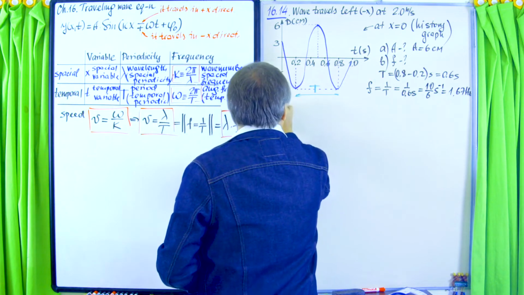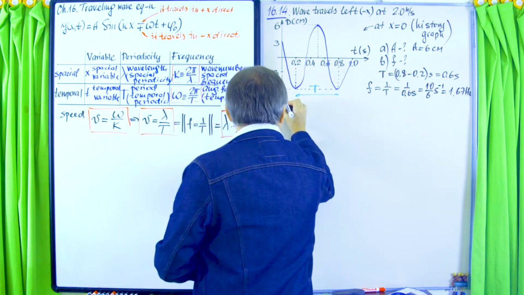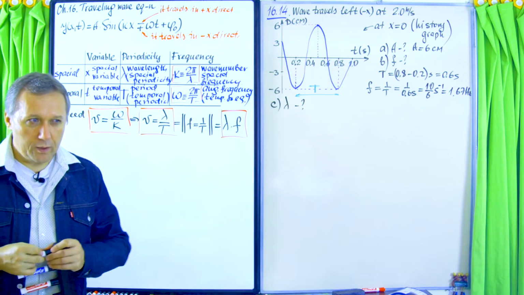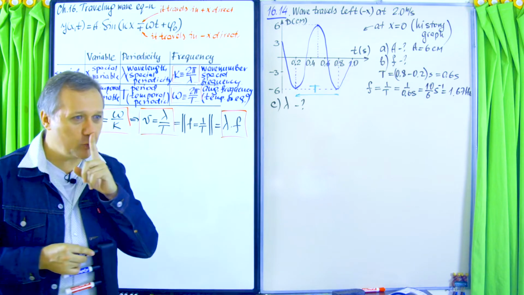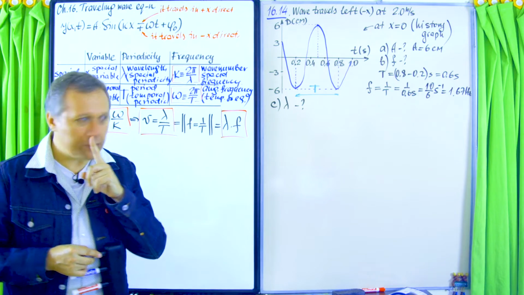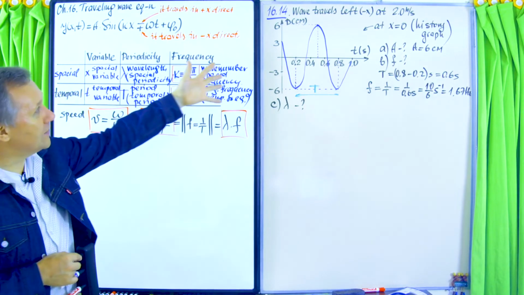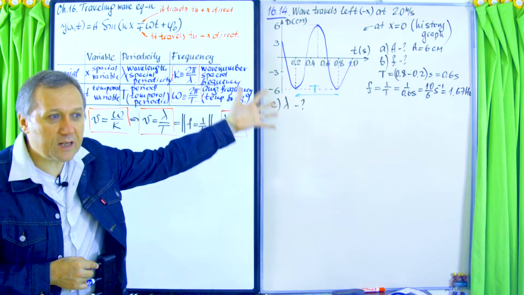Now, A, B, C. So what is in C? We need to find the wavelength. And again, let's realize which category this quantity belongs to. A wavelength is a spatial periodicity. And in what is given, spatial information is missing completely.